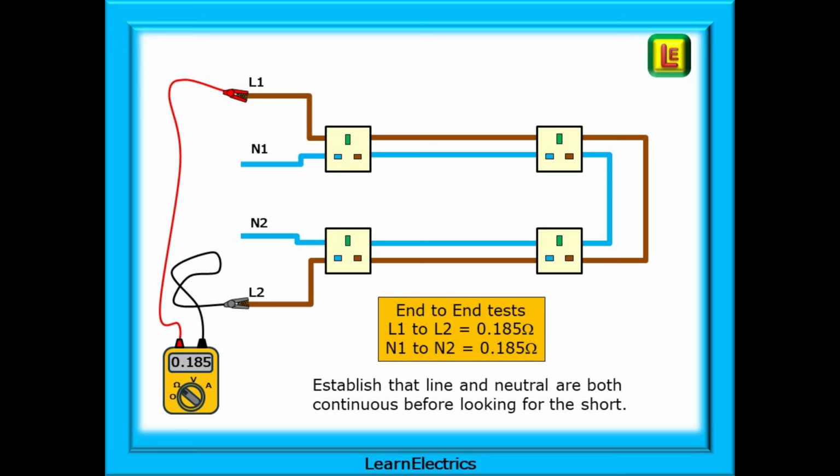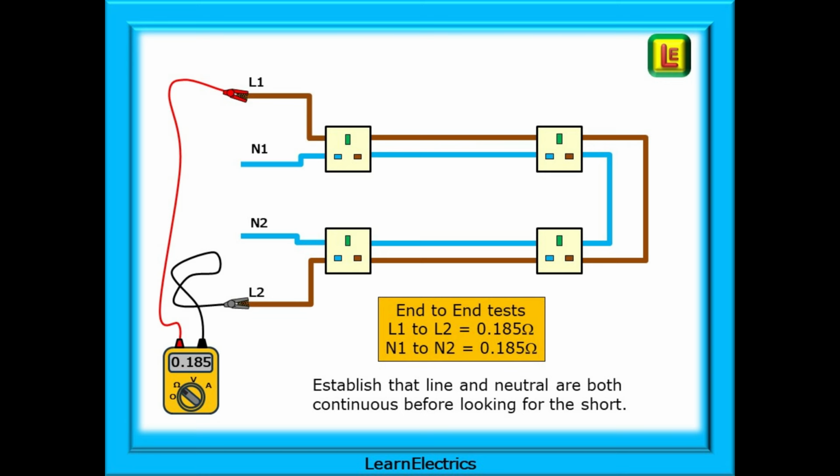Now we must establish that line and neutral are both individually continuous before looking for the short. Any short should make no difference to this test. This is a ring circuit, so all the connections will be at the consumer unit.